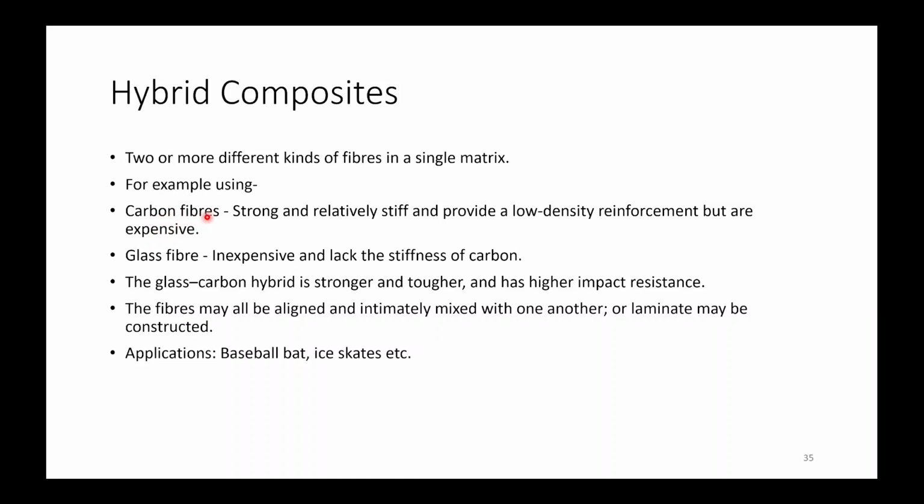In case of carbon fibers, they are strong and relatively stiff and provide a low density reinforcement but are expensive. And glass fibers are inexpensive and lack the stiffness of carbon. In case of the glass carbon hybrid, it will be stronger and tougher and has higher impact resistance.